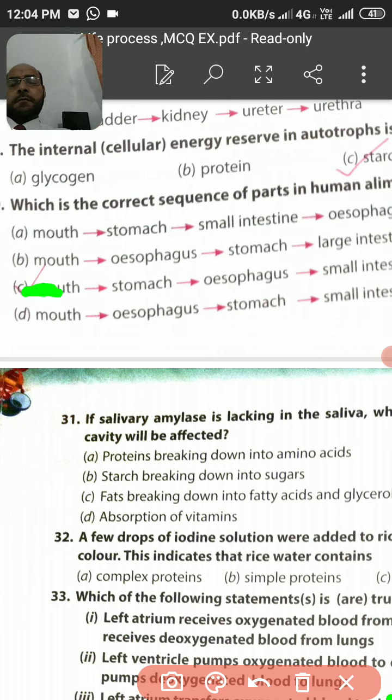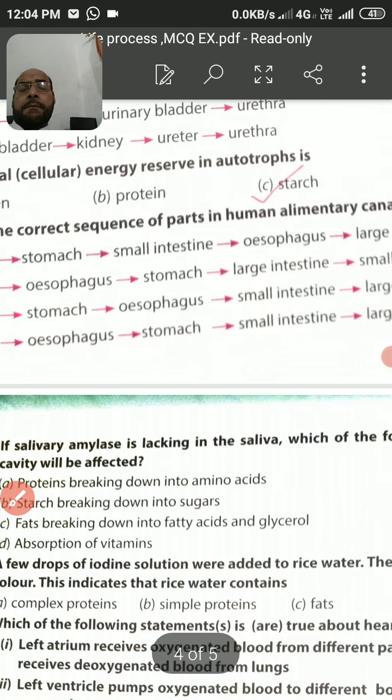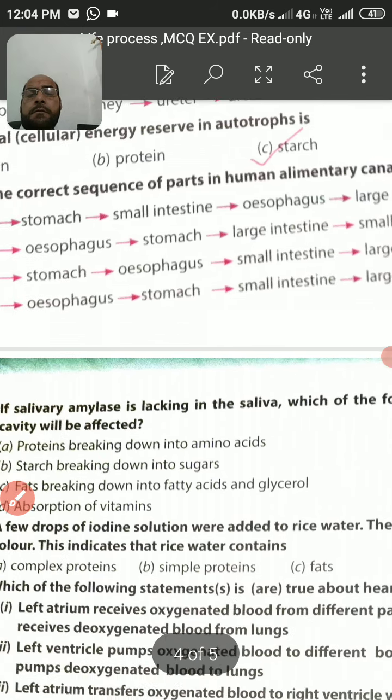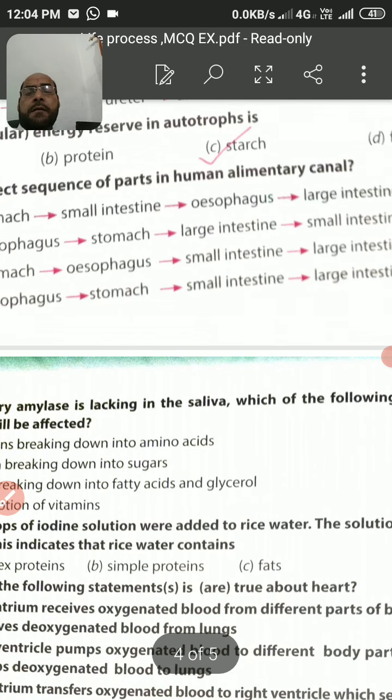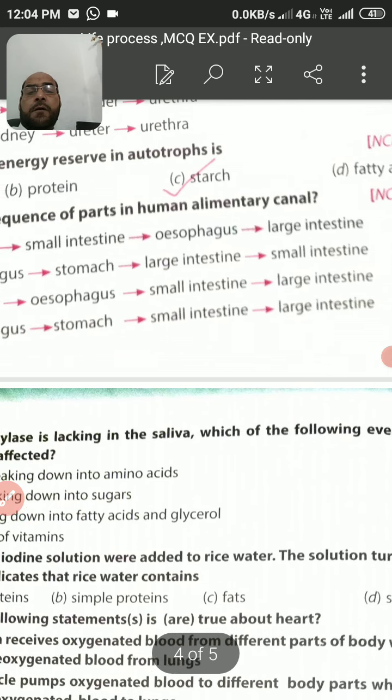The correct sequence is the mouth, esophagus, stomach, large intestine and small intestine.